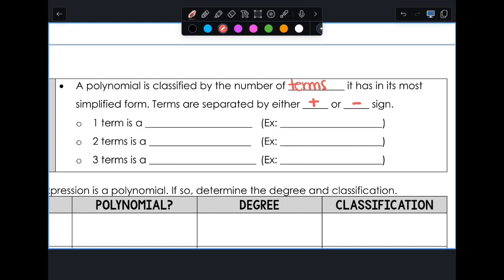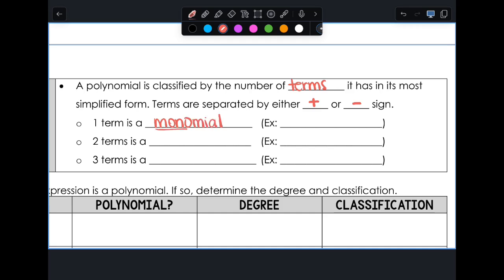So, if that expression specifically has 1 term, what is the prefix for 1? No. First is a word for the number 1, but a prefix. Prefix, you attach that word in front of another word. Oh, mono.